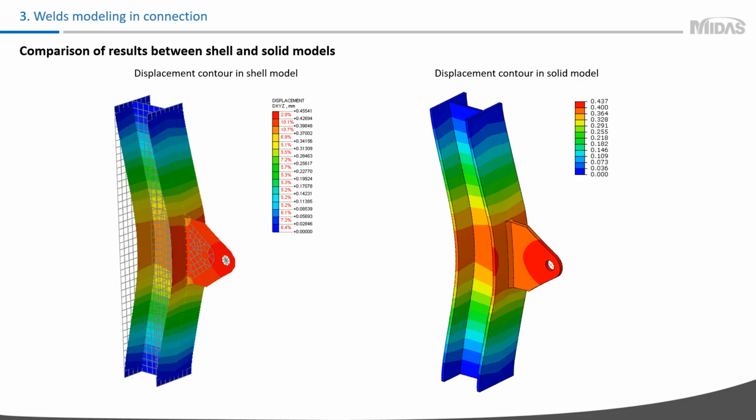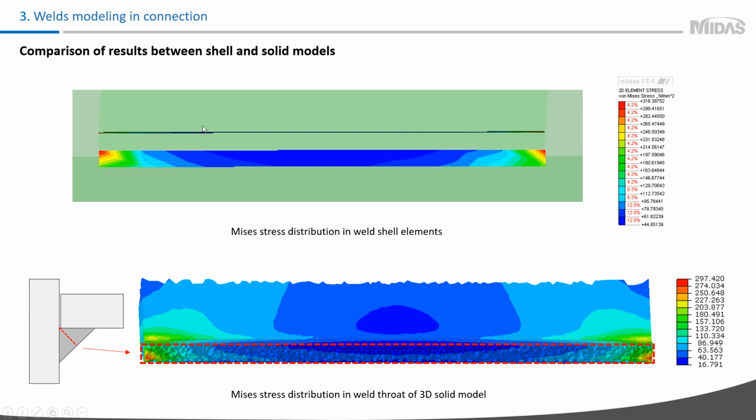Now I'm going to compare the results with the 3D solid model. On this slide you may see deflection contour in shell and solid models. Equivalent displacement is around 0.5 millimeters in both models. And on this slide you may see the Mises stress distribution in both shell and solid models. So the picture is quite similar as well.